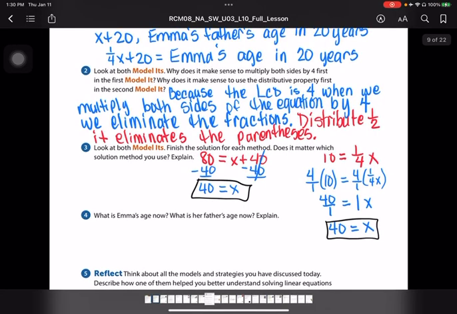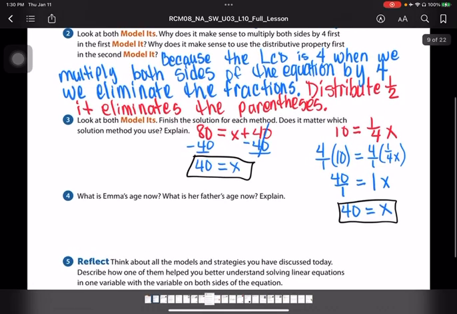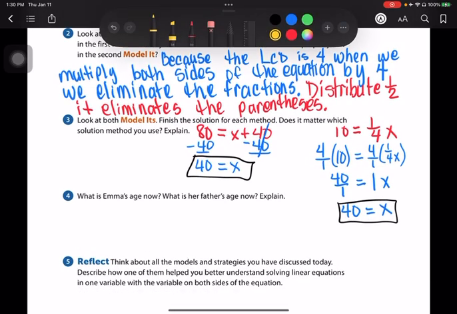All right? So number 4, it says, what is Emma's age now? What is her father's age? Okay? So x was Emma's father's age. So Emma's father is 40. Okay?